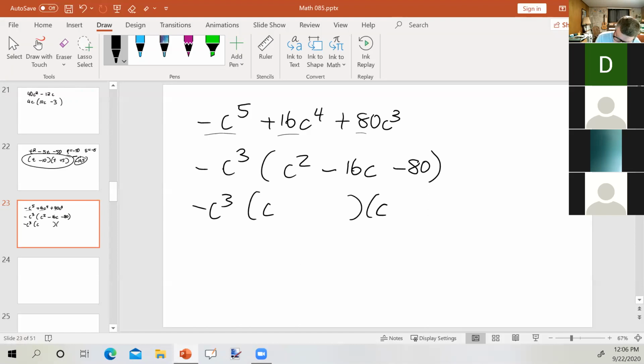We're going to have a c and a c. Product is going to be negative 80. Sum is going to be negative 16. Let's see here. So a product that's negative, we've got to have one of each. The sum is negative, so the negative's got to be bigger. So how about like negative 80 and 1?